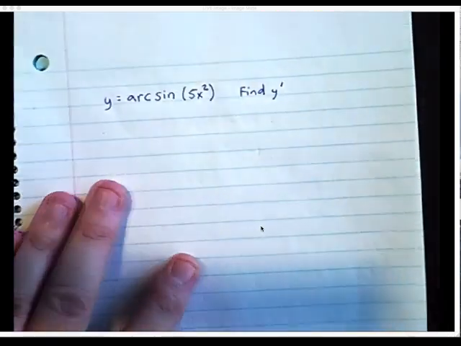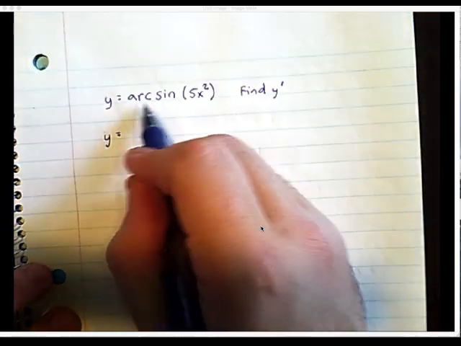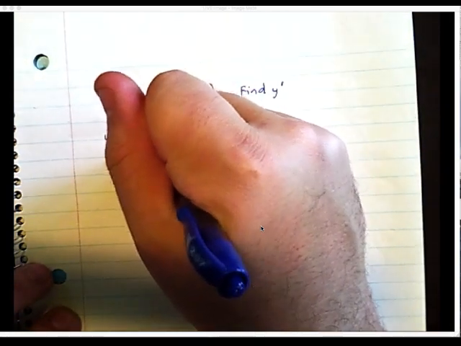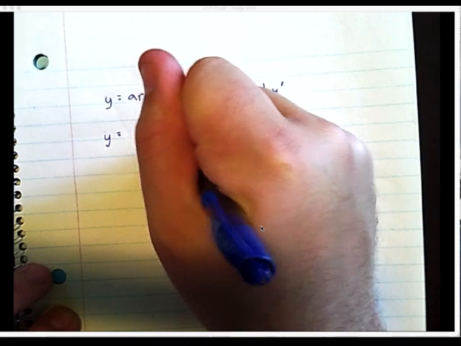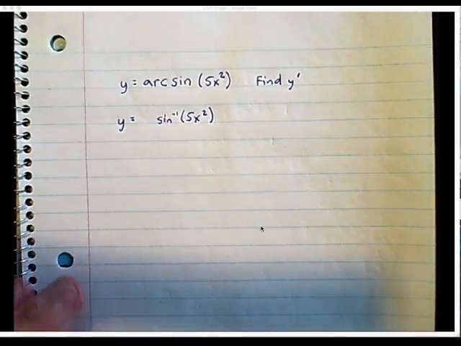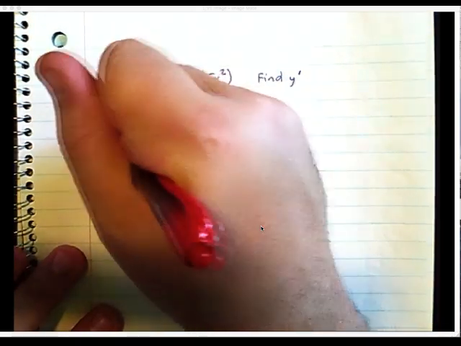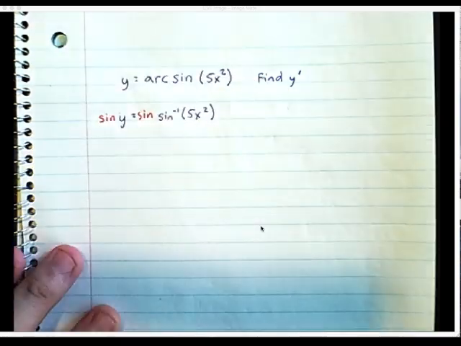Here's a way I can do the problem without actually having to memorize the formula. Okay? So if I rewrite this, y equals, instead of saying arc sine, write that as sine inverse. Now, to get rid of this sine inverse, I need to write sine in front of it. Okay?